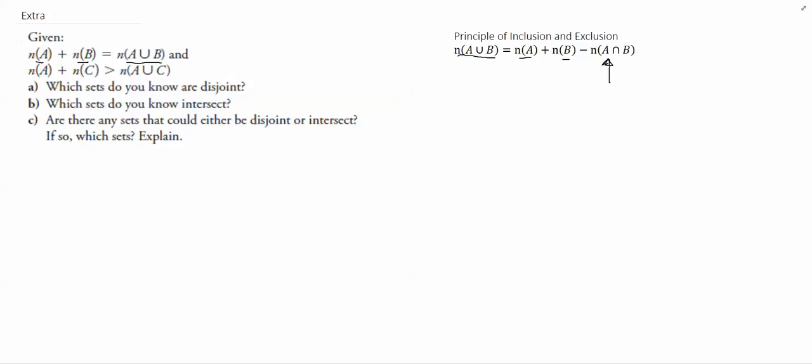Now, if this intersection is an empty set, that means this doesn't apply, and then we have the equation that's left.